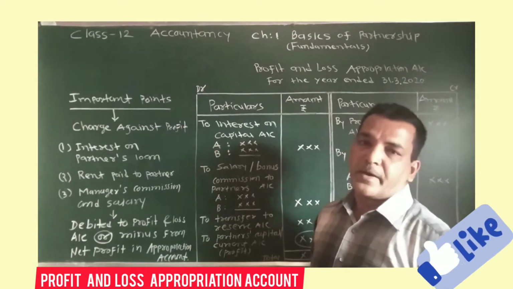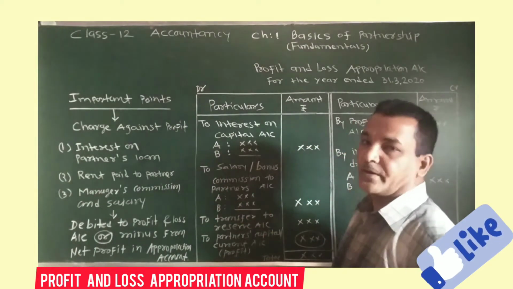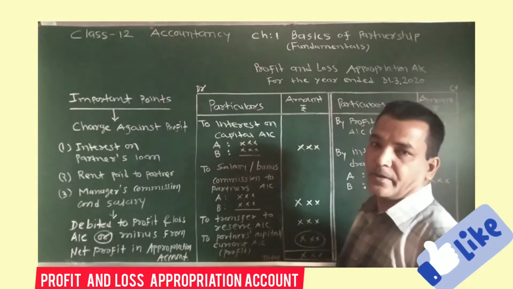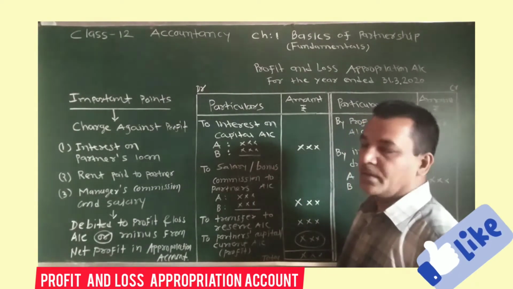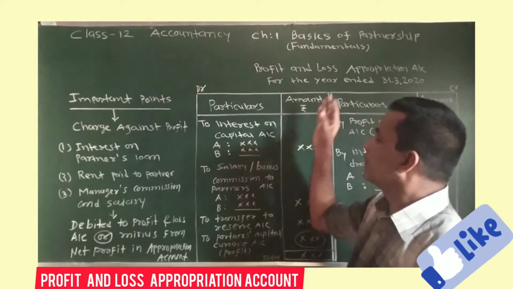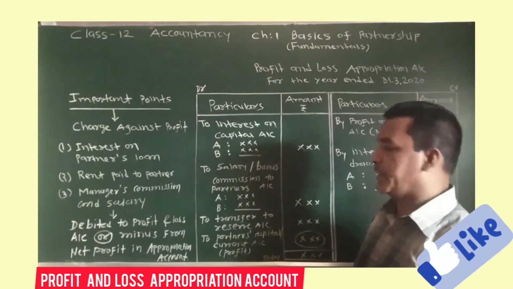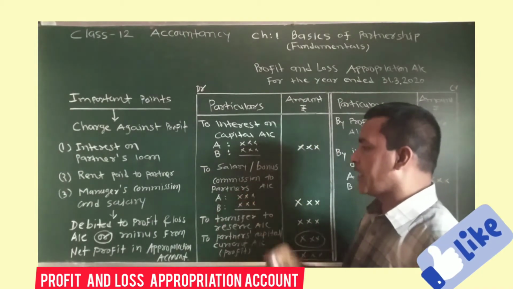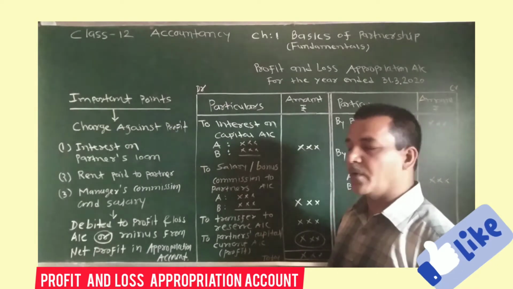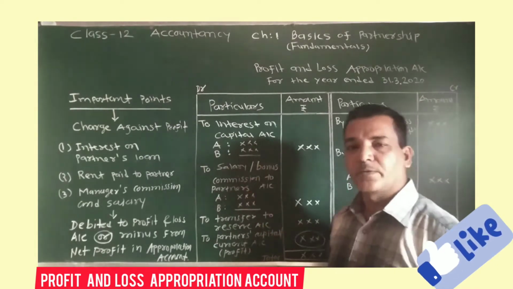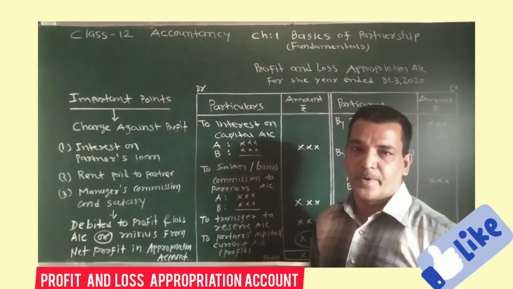Any amount paid to the partner, like salary paid to partner, bonus given to partner, commission given to partner, that will also be debited to profit and loss appropriation account debit side. Individually you will write their salary, commission and bonus. I have taken together, you can write separately for each partner.